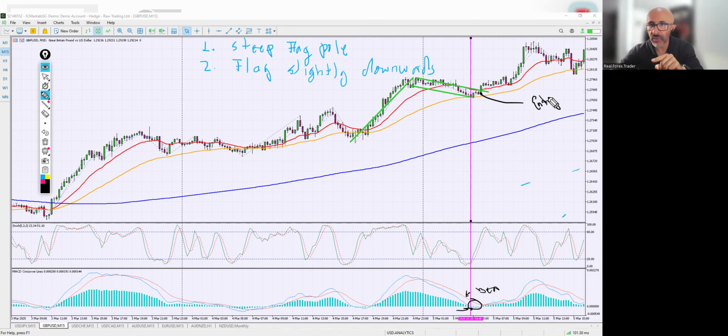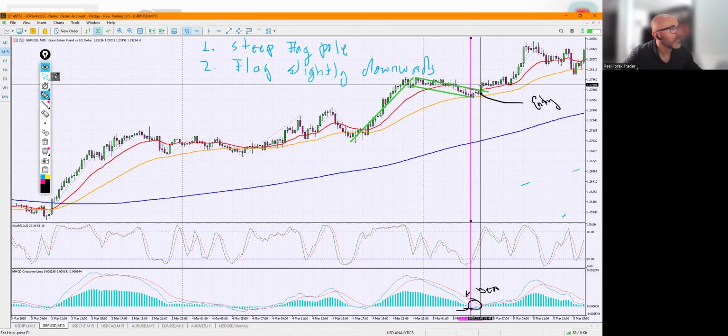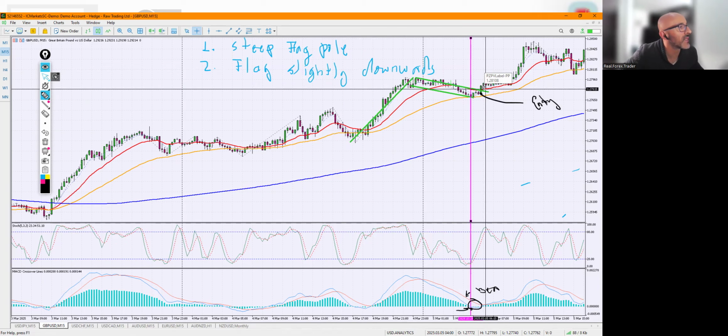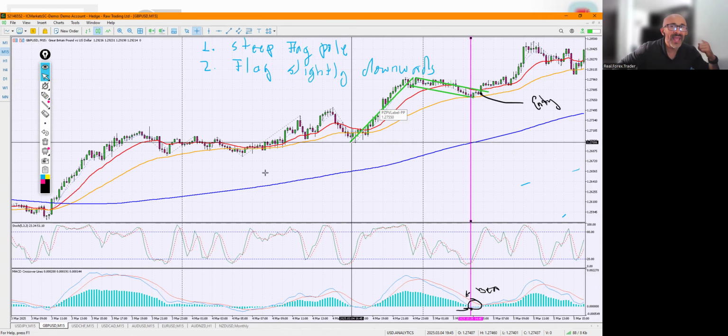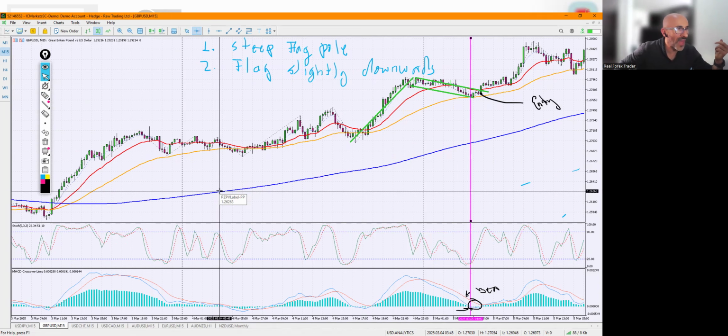But remember the rules in here: be patient, be disciplined, and follow your trading plan all the time. So when this very green candle closes is where I'm going to enter. That is my entry point.